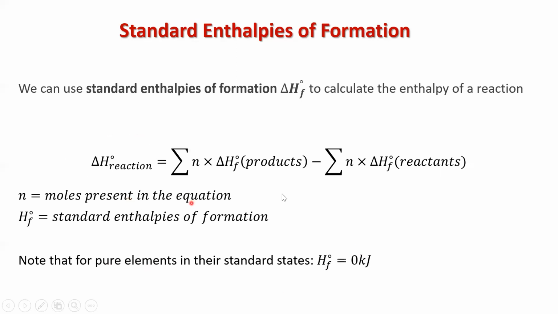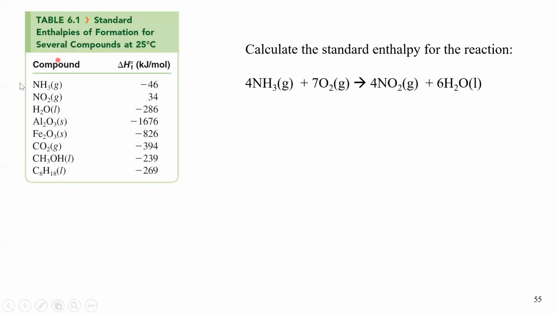So this is the equation that we're going to be working with. It's the sum of the products minus the sum of the reactants. So here's a table. Let's just look at this table for a second. It lists several compounds, and it gives us the enthalpy of formation value for each of those compounds.